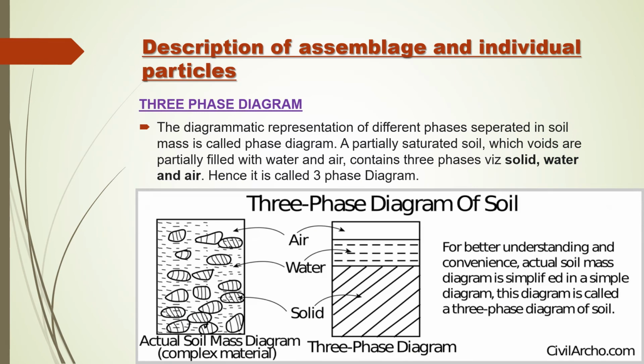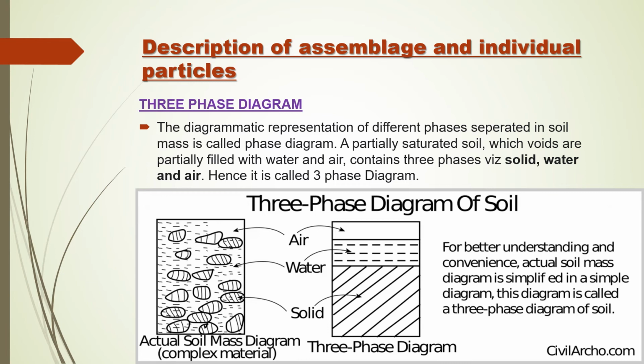Next we are going to study the three-phase diagram. A diagrammatic representation of the different phases separated in a soil mass is called a phase diagram. A partially saturated soil, with the voids partially filled with water and air, contains three phases: solid, water and air. Hence it is called a three-phase diagram.